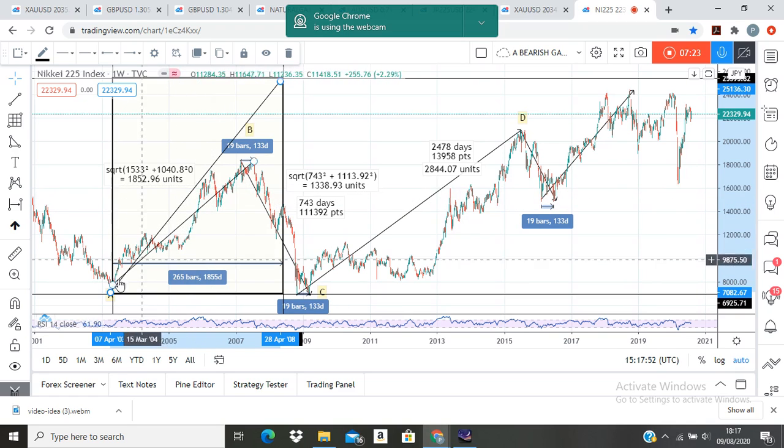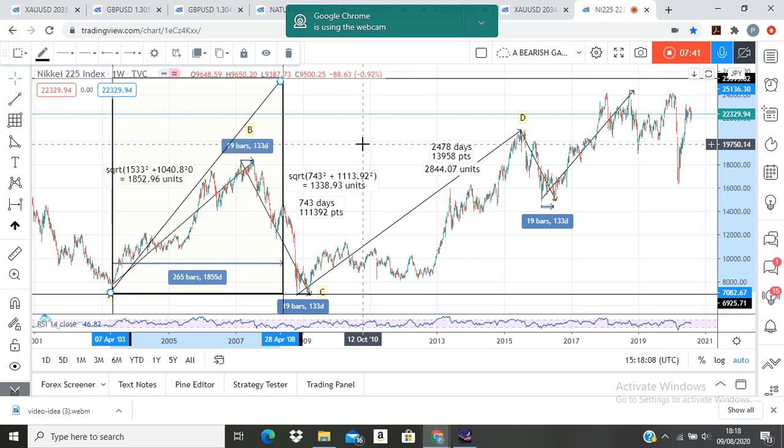1852.96. So if we use this diagonal, that means the diagonal will be 1852.96 times 1.4142. As we discussed, the diagonal of a square is given by the ratio 1.4142. So that means this is our unit square.